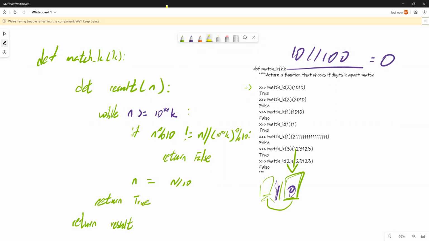If it doesn't match, false. If you check everything and find no mistake, return true. You can test it. I just checked, my code is correct. If you have any questions or ideas, feel free to comment. Okay, see you.